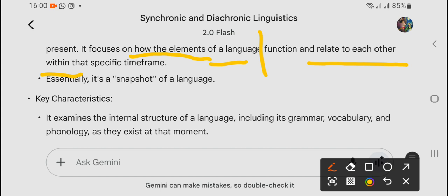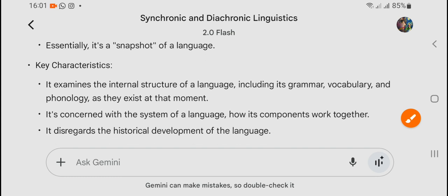Like right now, how new words and old words and pronunciation work. We can start from 2010 or 2015 to 2023, suppose. Then how they work, that approach is called synchronic linguistics.